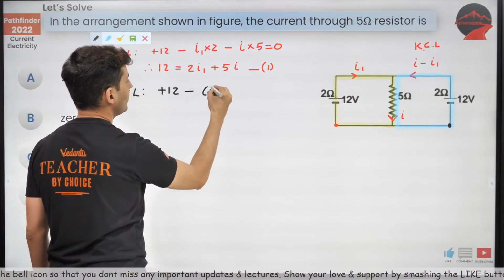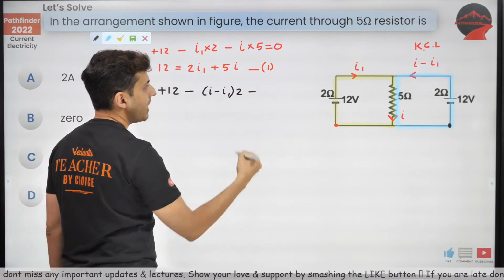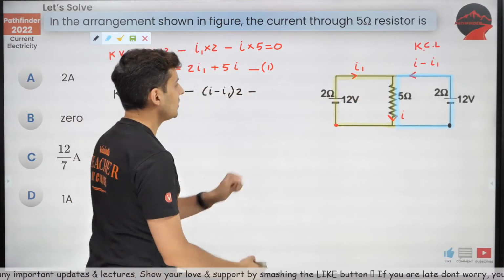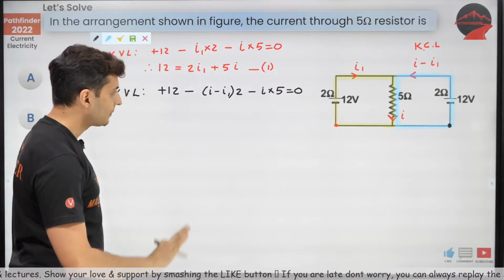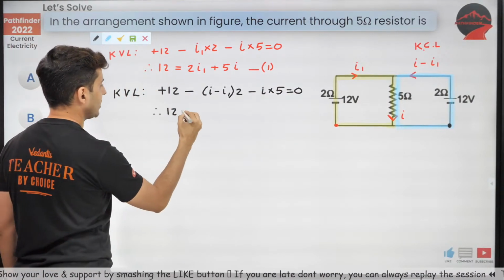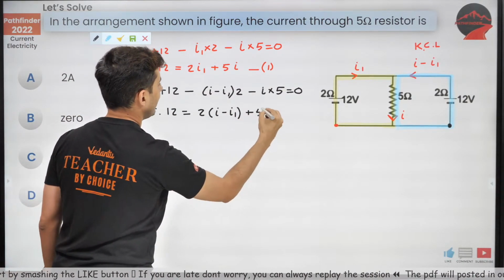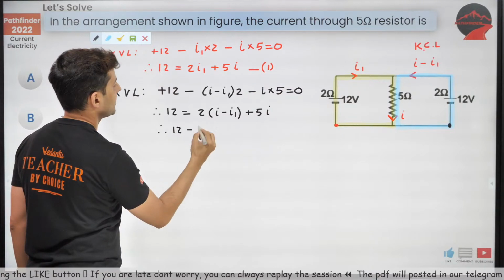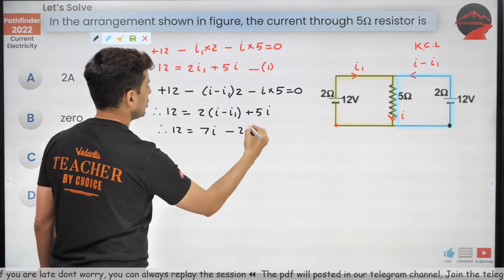Be careful, it's I minus I1, that's the assumed current, into resistance 2, minus this current into this resistance, I into 5, equal to 0. Let's rearrange it. 12 is equal to 2 into (I minus I1) plus 5I. So 12 is equal to 2I plus 5I, that's 7I minus 2I1.